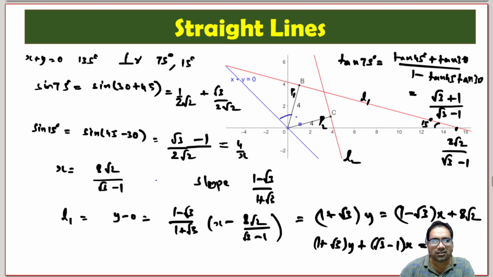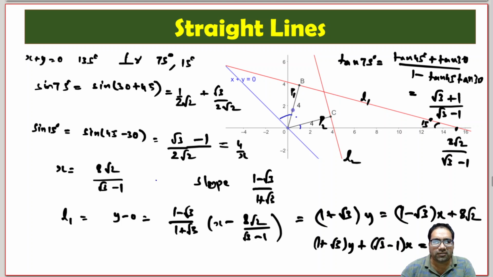So the slope of OC is tan 15, and the slope of OB is actually tan 75, right? We know OB and OC. Let us take one of these, OB or OC.